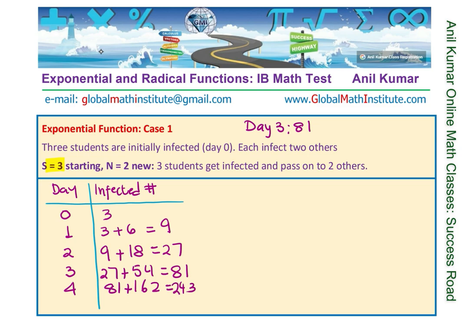So on the fifth day we begin with 243, and then double will be infected, which is 486, and when you add them up you get 729 infected on day 5. Makes sense, right?